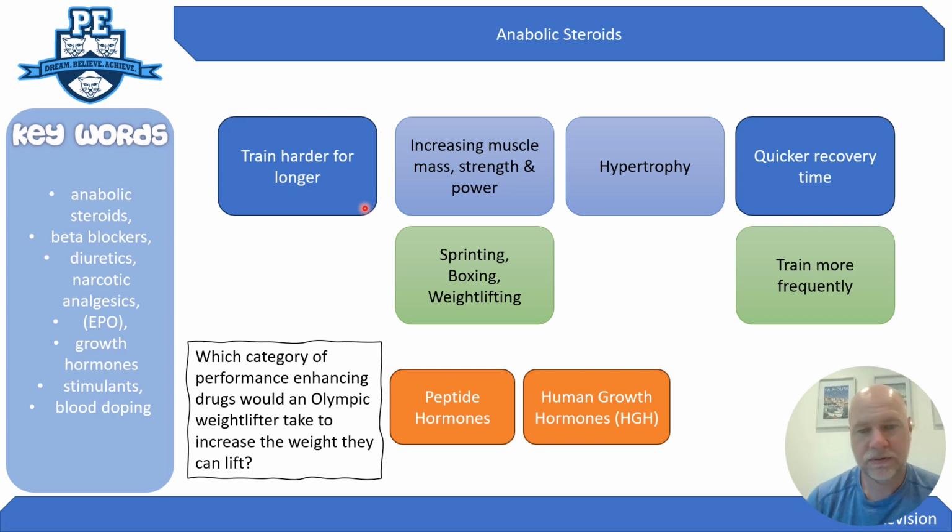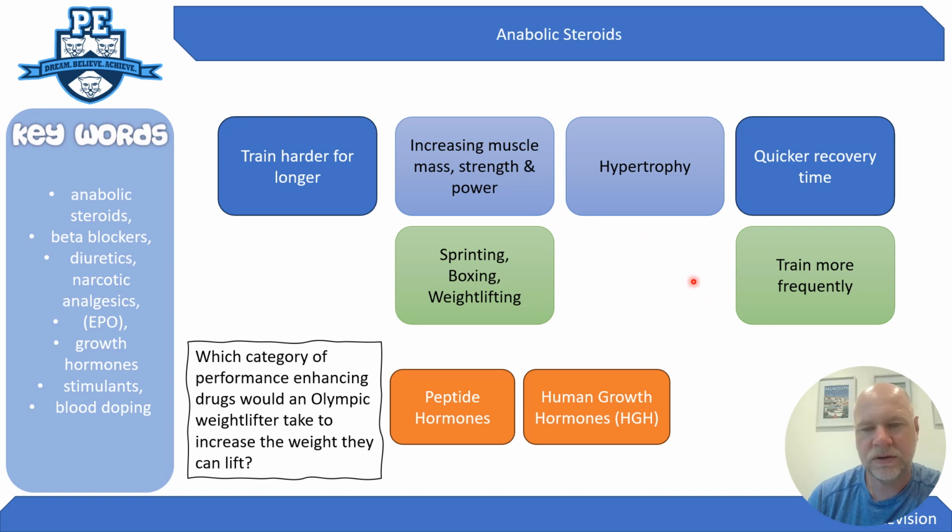Why does that happen? Well, because when we're training, we're going to experience hypertrophy. So there'll be quicker hypertrophy, i.e. muscles are gaining mass and getting bigger quicker, therefore increasing our strength and power. Now, the application to performance is quite straightforward. Usually we want to say that boxing, weightlifting and sprinting are the main sports whose athletes typically use anabolic steroids because of the strength and power side of it.